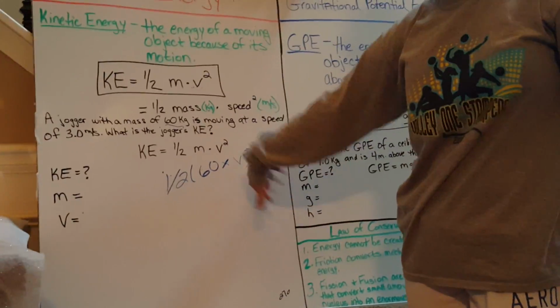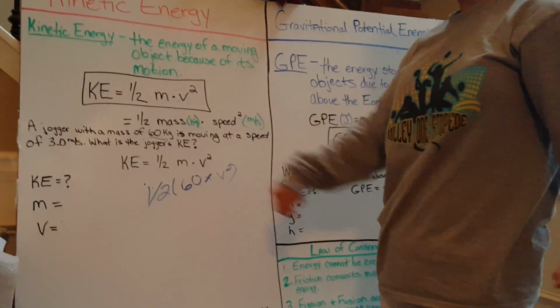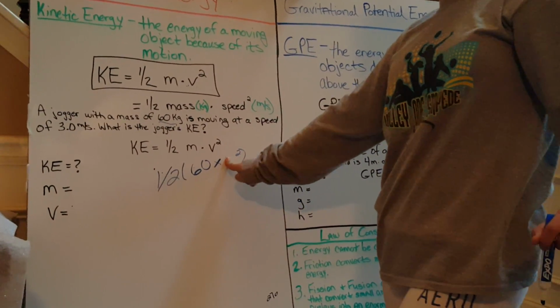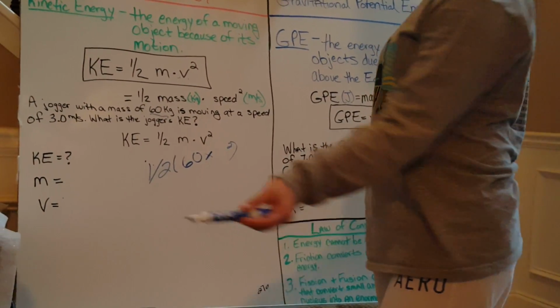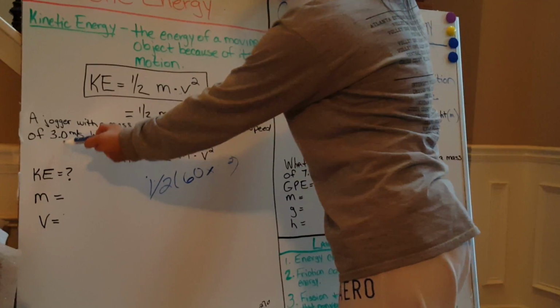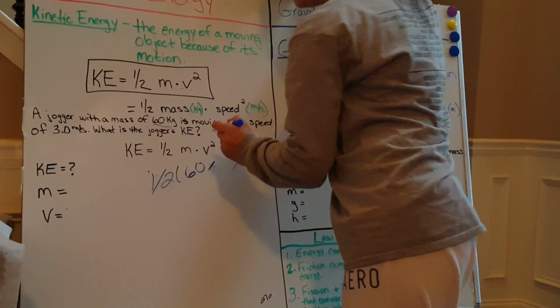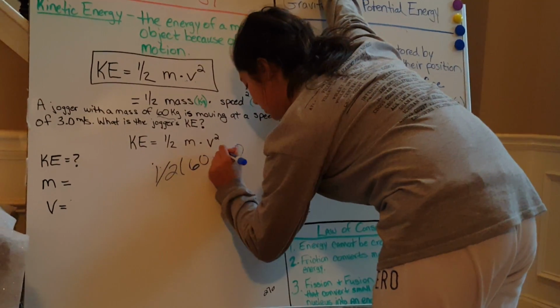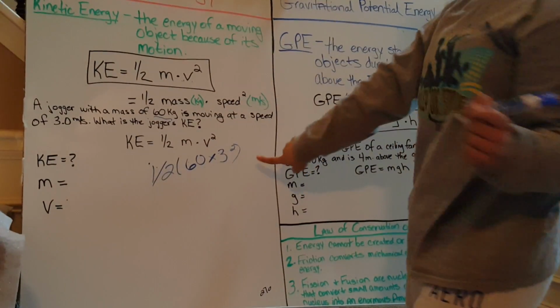And what's the velocity? Oh, I forgot to put that in there. Your velocity is 3.0 meters per second. So you write that in there. You can just write 3 squared.